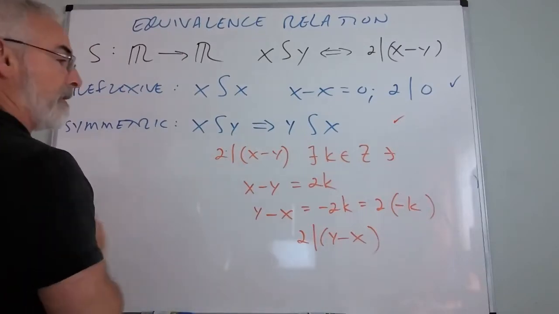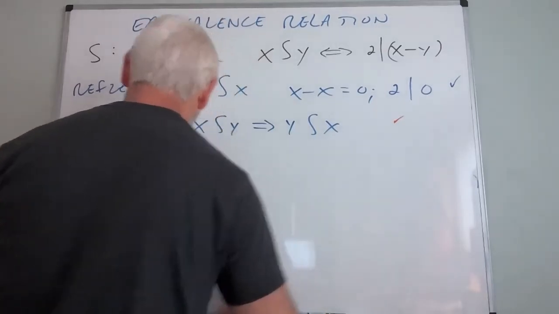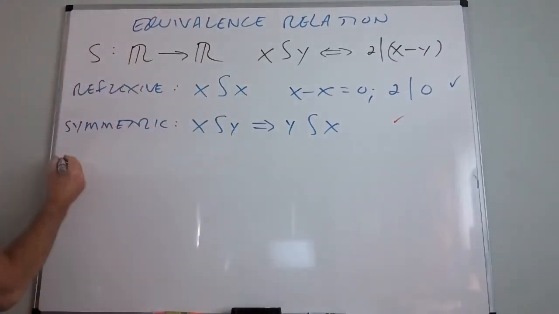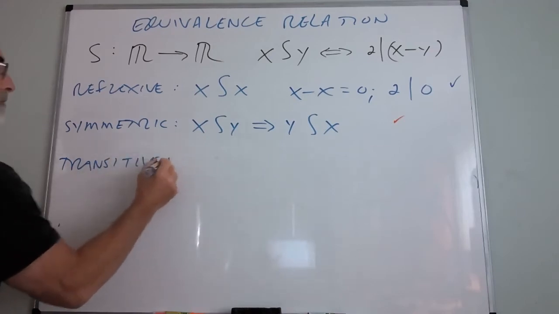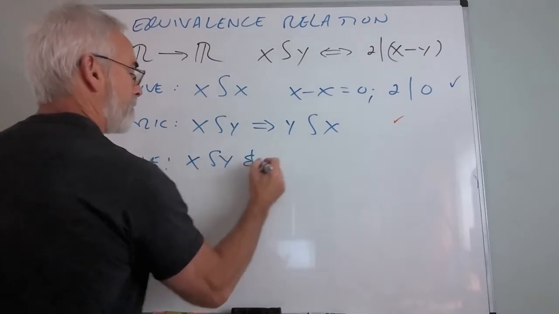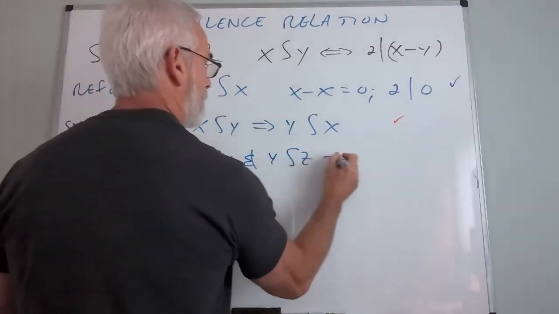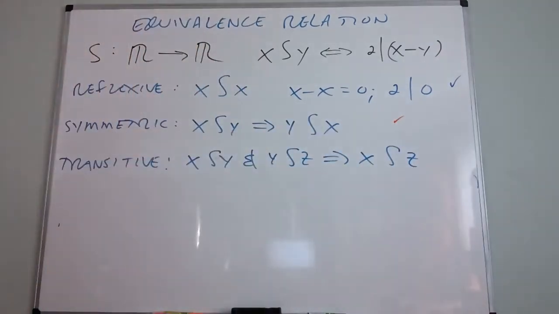Now let's go for transitive. So I've got to erase this. This is what we're actually looking at. So what do we know?